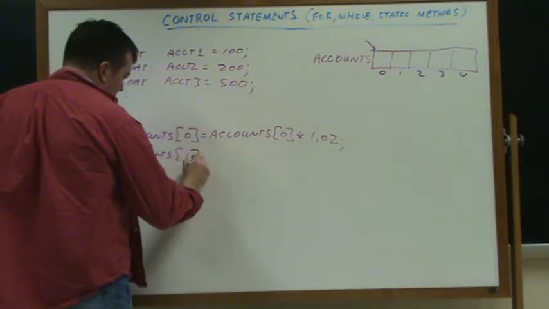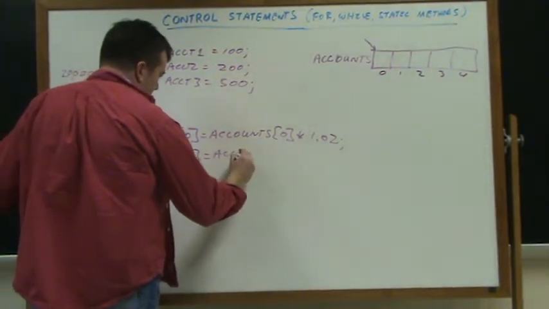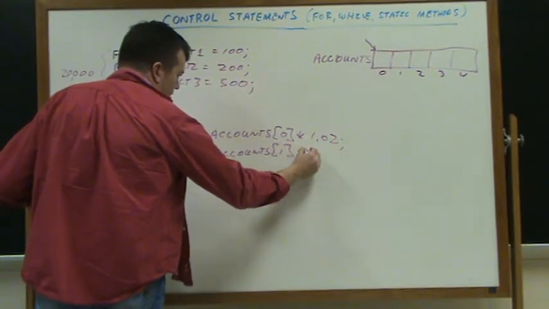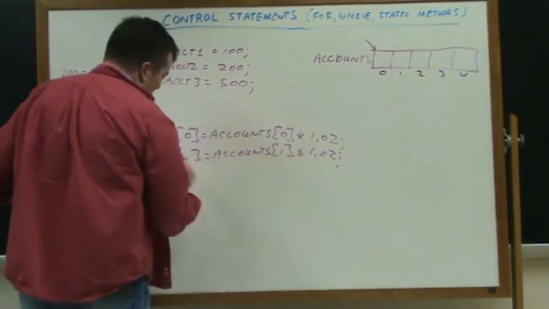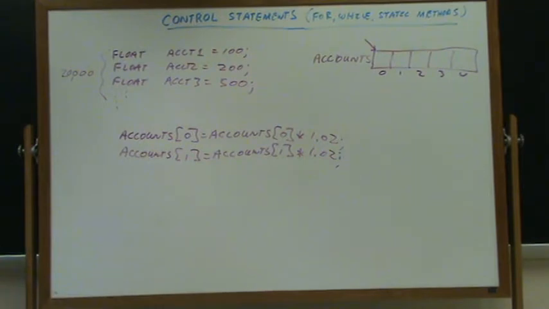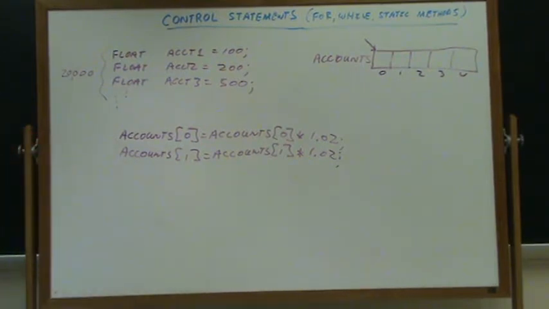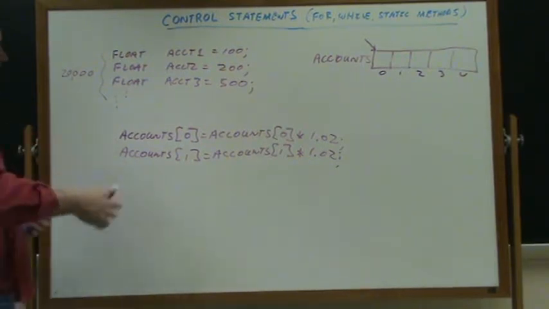Accounts 1 is equal to accounts 1 times 1.02, and then I do one more. Now if I want to do this 20,000 times, I still have to write this out 20,000 times, right? For all the accounts, I'd have to write out all that code just to do this once. And we're actually performing the same exact operation over and over.